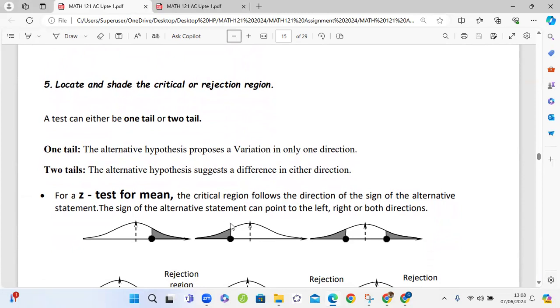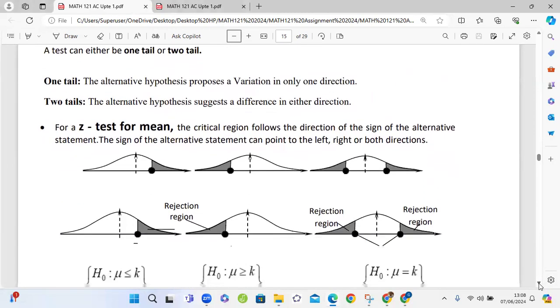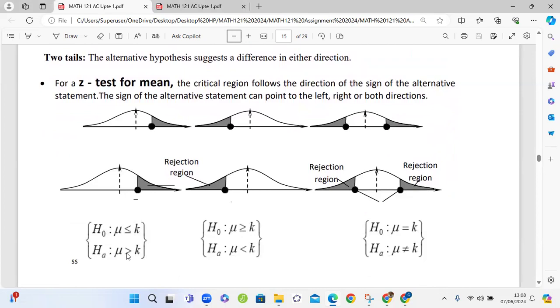If the alternative points towards the right, the critical region will be on the right. If it points towards the left, the critical region will be on the left. If the sign of the alternative is not equal, then you'll have a two-tail.